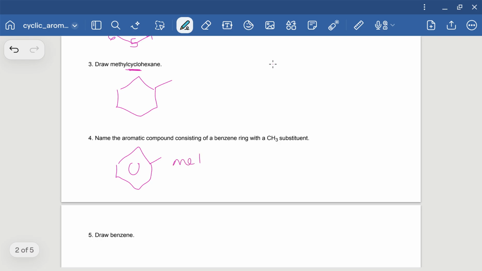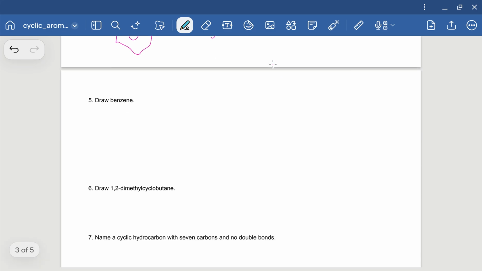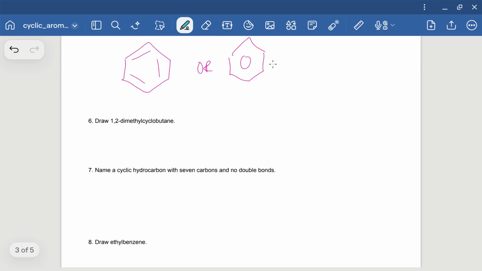You would just write this one out, methyl, because that's what CH3 is, and then benzene. And then this one would be aromatic because you do have the benzene ring. Drawing benzene, you just have to draw 6 carbons, and you either will see it with those alternating double bonds, or you can put the circle in the middle, and that's what it would represent, those alternating double bonds.